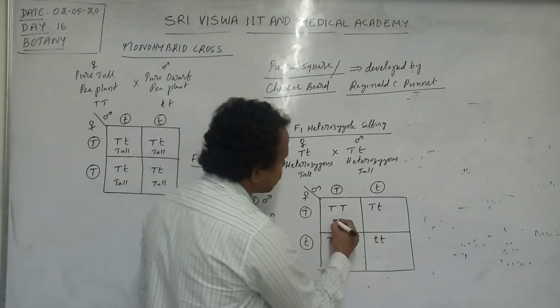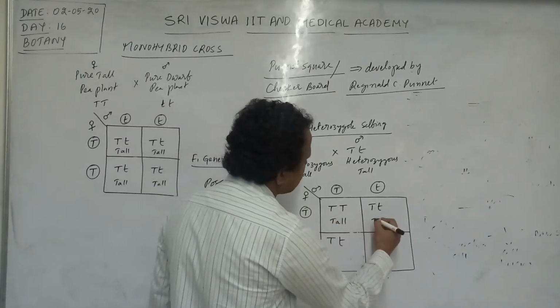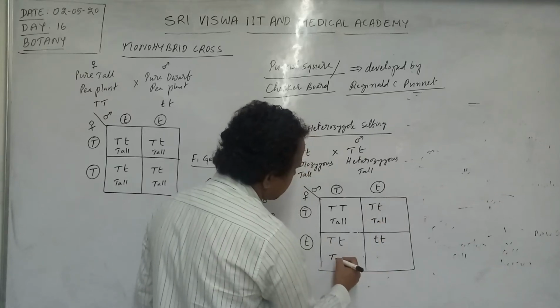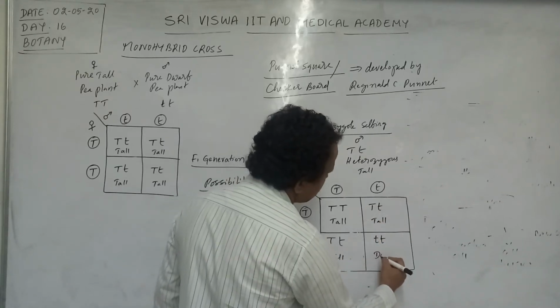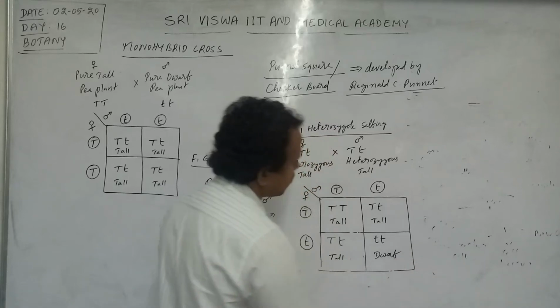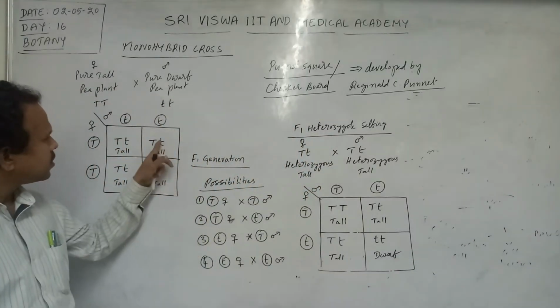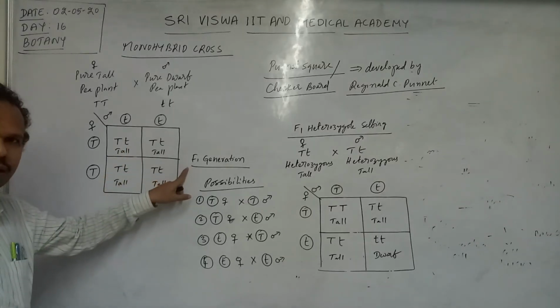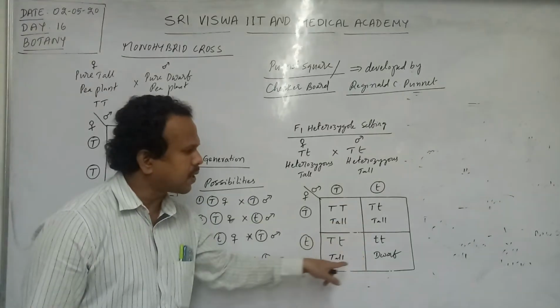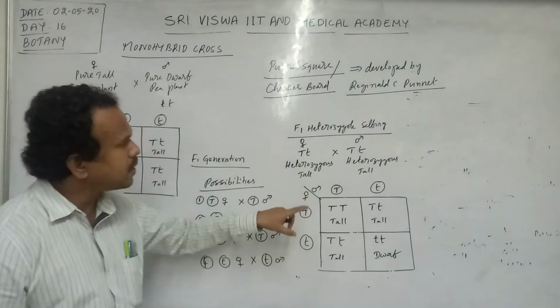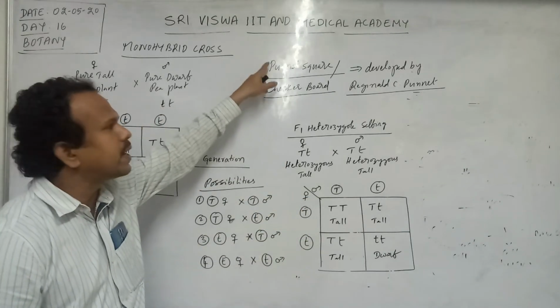Then analyze the phenotypes: capital T capital T tall, capital T small t tall, capital T small t tall, small t small t dwarf.